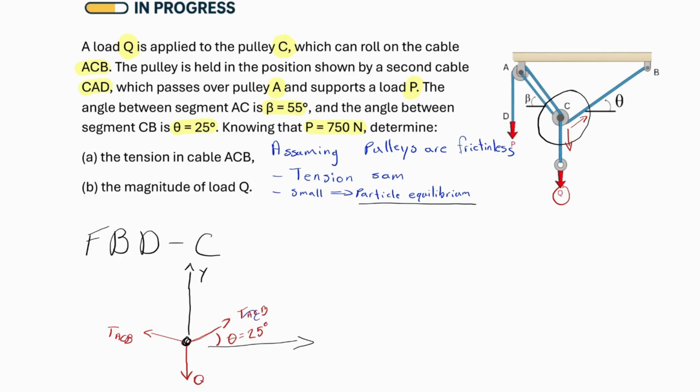And the reason why we're calling it the same is because when you have a pulley system, the tension in either side of the pulley should be the same. So we will assume that in this case. Now we still have one more force here, which is the force AC, this cable that's going down.